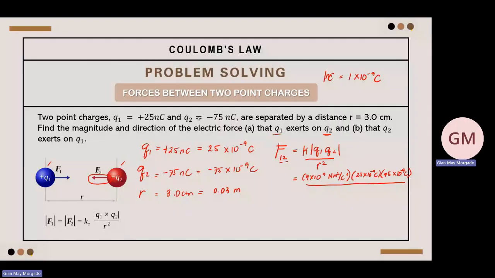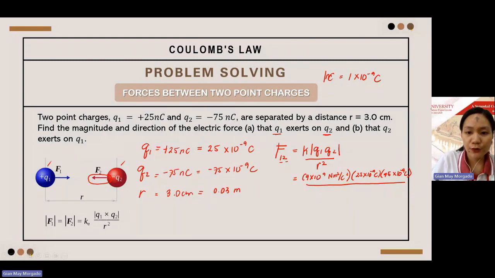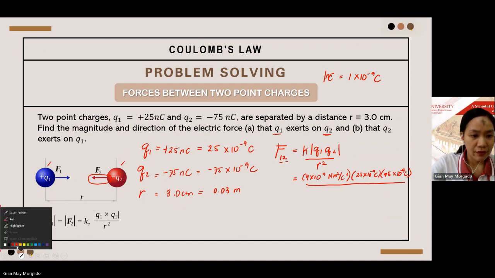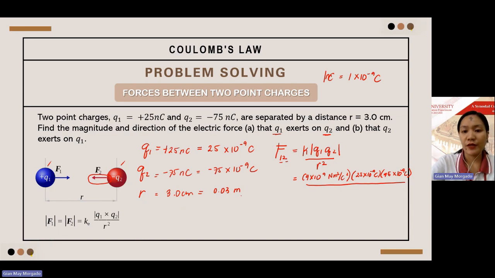Okay, it's back. Apologies. So, moving on. Let's say we have this given, and we have substituted already the Coulomb's constant. Q1 value is 25 times 10 raised to negative 9. Q2 is 75 times 10 raised to negative 9.